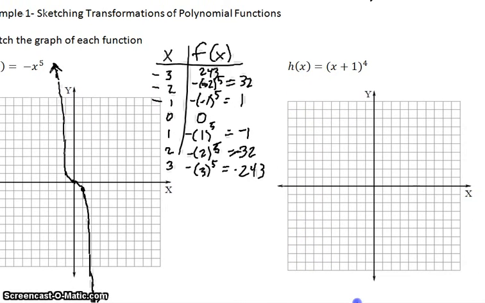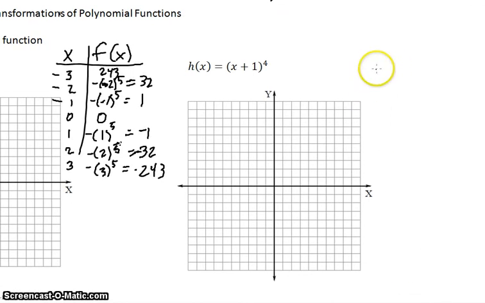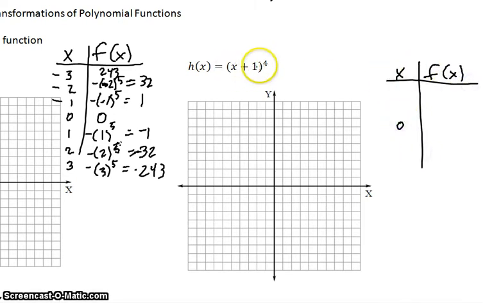Now I'm going to look at this one over here and do the exact same thing, but you're going to find out very quickly that these numbers are going to explode on us very quickly. So if I pick 0, that's 0 plus 1 to the 4th, that's 1. If I plug in 1, that's 1 plus 1 to the 4th power, that would be 16. So you can see it already gets very out of hand very quickly with this one as well.